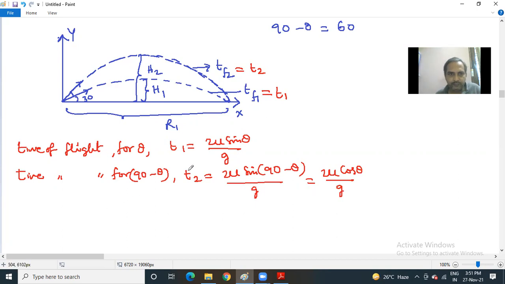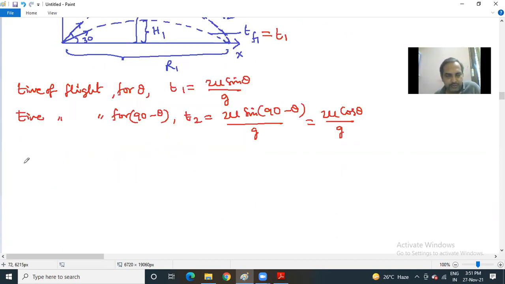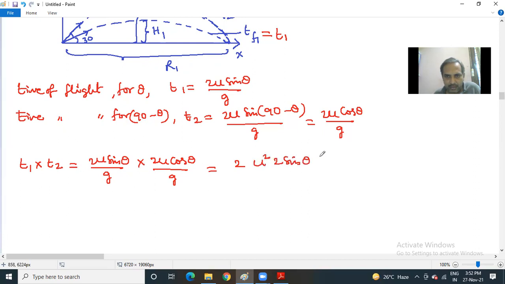Next, suppose you multiply these two, T1 into T2, so you'll get 2u sin theta with 2u cos theta. This is divided by g, and this is also divided by g. So let us write this as 2 into u square 2 sin theta cos theta, with g here and one more g here.